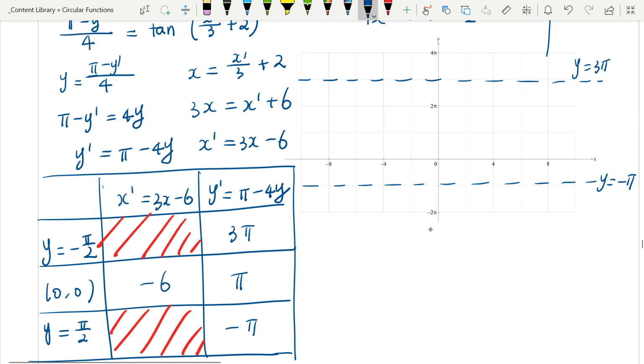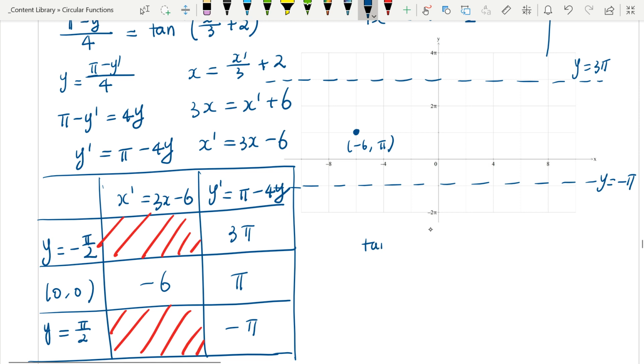And (minus 6, pi) is here. All right, tan inverse needs an extra step.